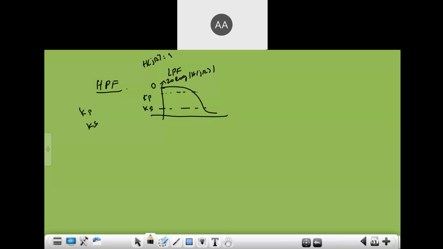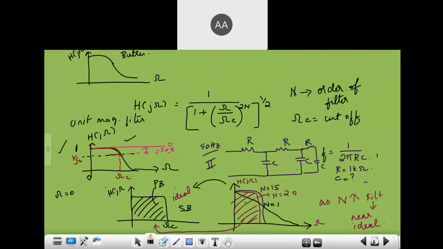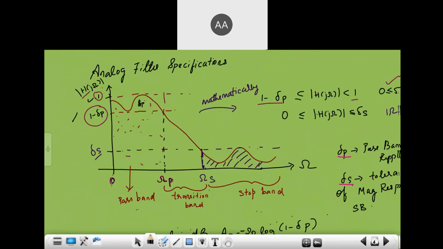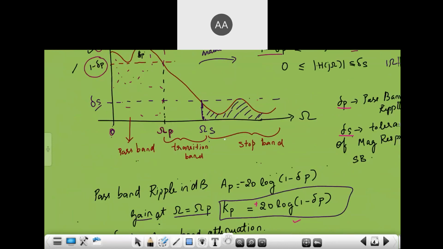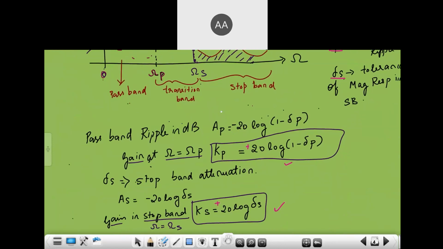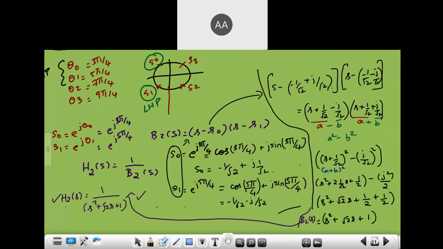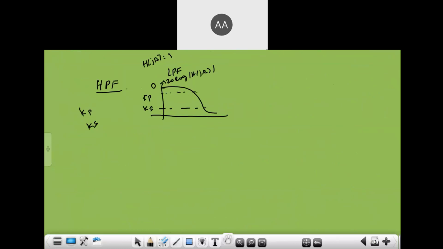Remember, I told you that in dB the gain will be given in the question. Kp is 20 log of 1 minus delta P, Ks is 20 log of delta S. In your problem, this is how it is going to be specified. Kp and Ks values will be given in the question.